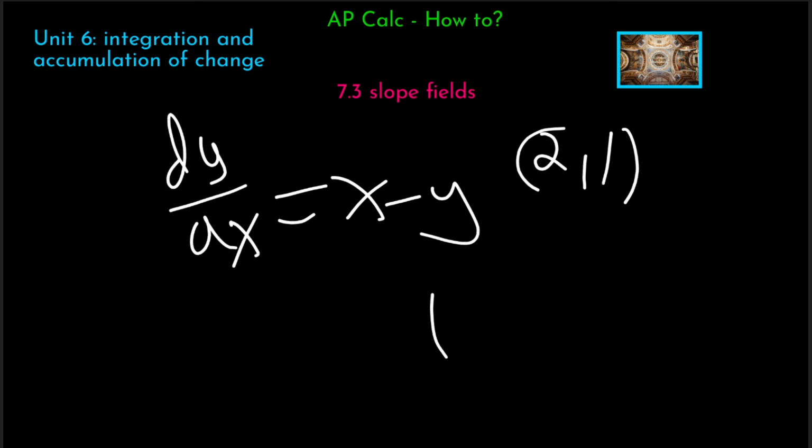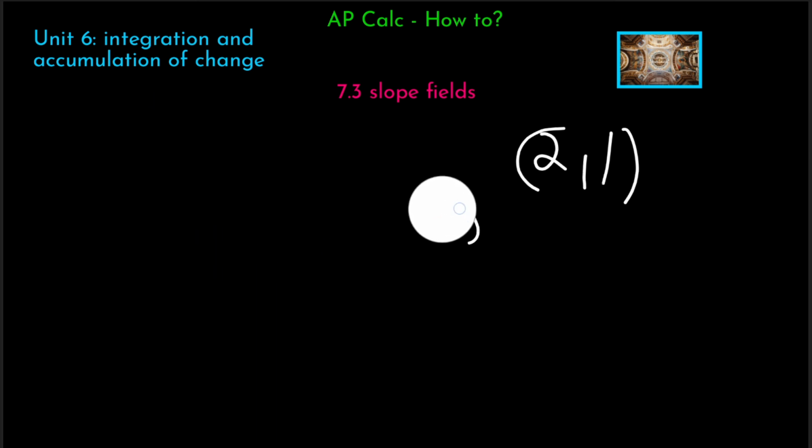Now, why are these useful? They help you better visualize the behavior of differential equation solutions. They're useful when the equation is too hard to solve algebraically, and they can suggest what the solutions look like, either increasing, decreasing, or asymptotes.